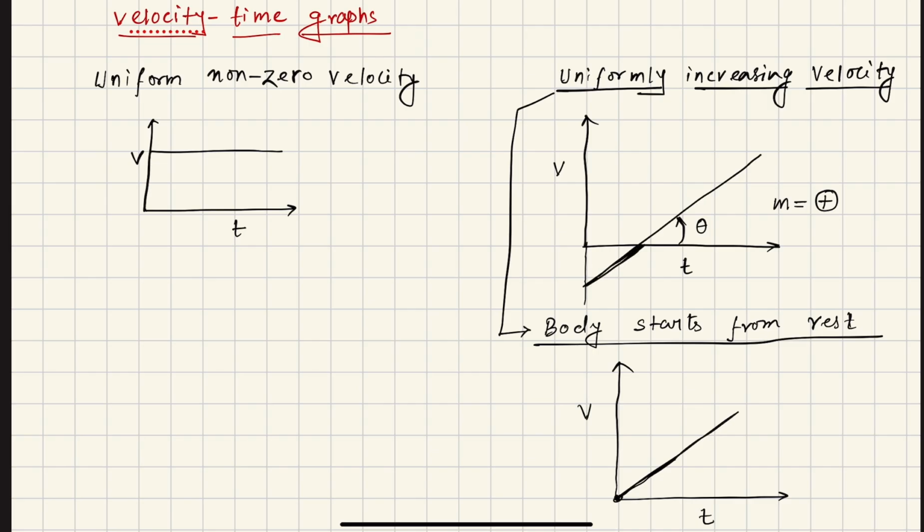Let us understand the physical significance of this graph first. If you see this graph over here, from here to here there is a negative velocity. What does this really mean? If this is the observation point, first the body is going in this direction. If I take this direction as positive, this displacement will be negative.